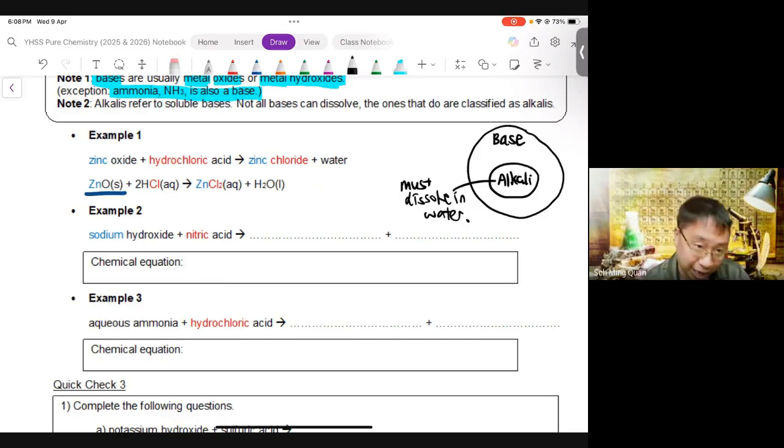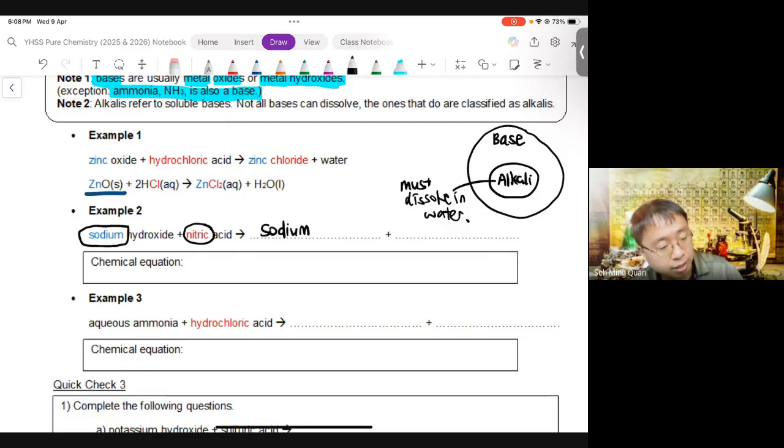So I hope you remember from Sec 2, your salt's name must include the metal. It must also come with something from the acid. So sodium nitrate is the salt's name. All right, because the metal here is sodium.